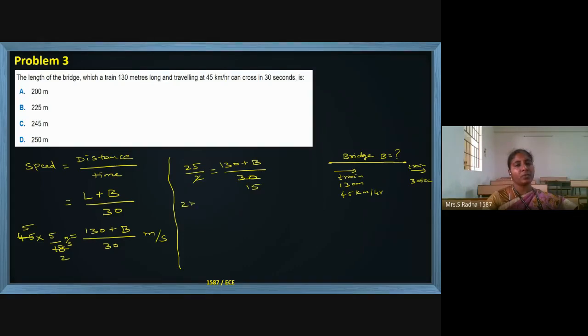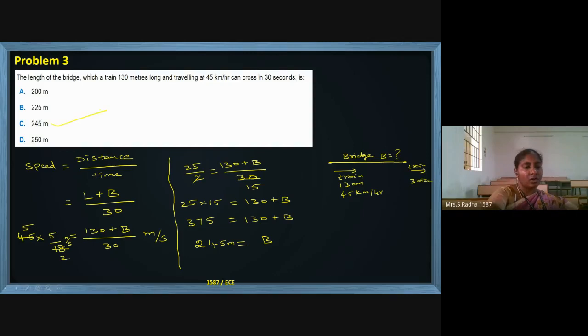If I multiply 25 into 15, it is 130 plus B. 25 into 15, 250 plus 125, it is 375, and right side it is 130 plus B. B value, if you subtract 130 from 375, it becomes 245 meters.